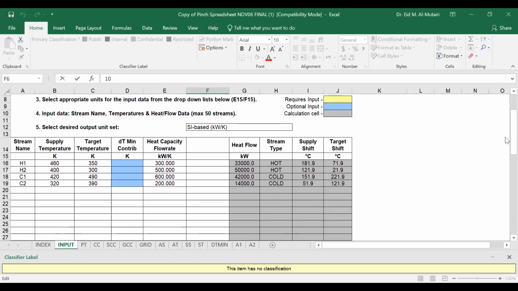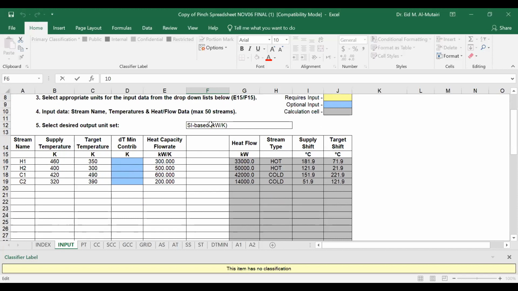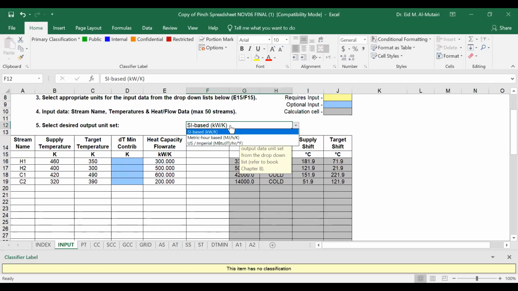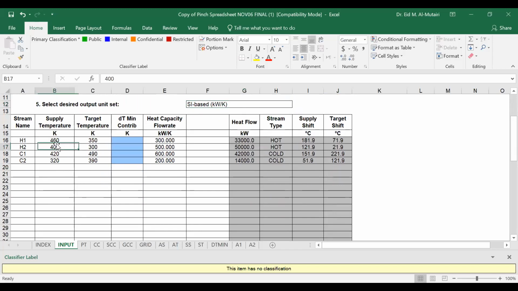After that, you need to check which unit you are using. Are you using SI units, metric, US units, whatever you are using, you need to put that. Then you put all the data. I already entered the data, but you need to enter all the data yourself.